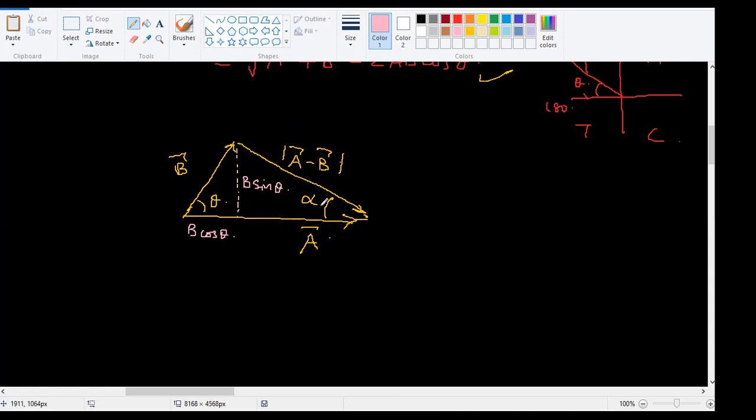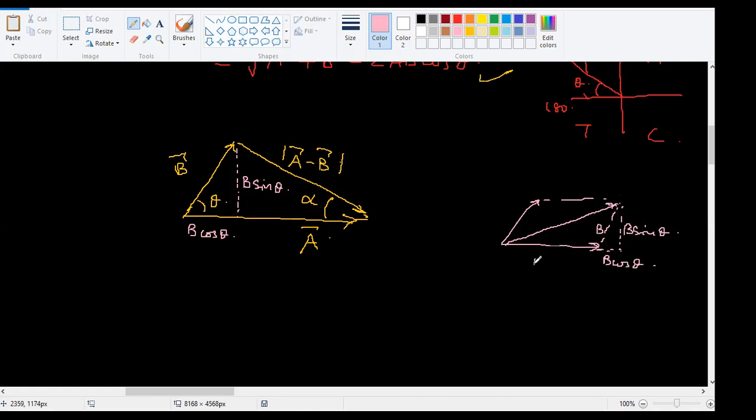So that means in the vector addition case, if you remember the diagram, you got a diagram like this. And then I drew another line over here. Why did I draw this? To make a right triangle. So this was B and this was B sine theta. This was B cos theta.